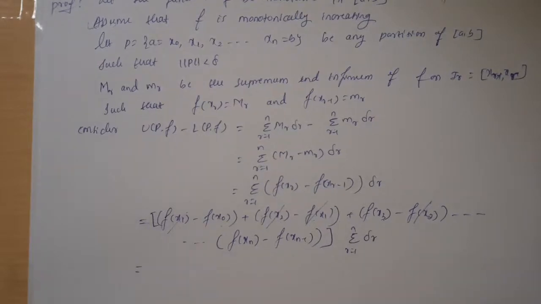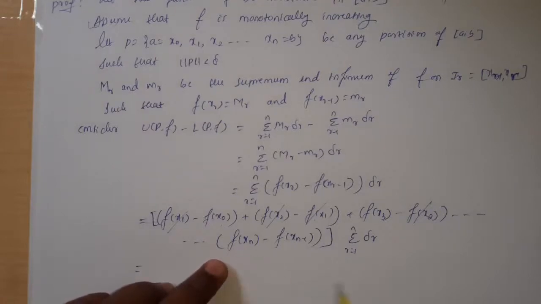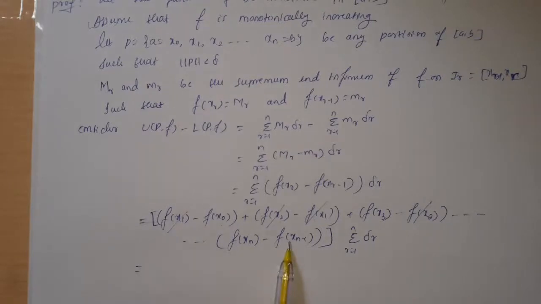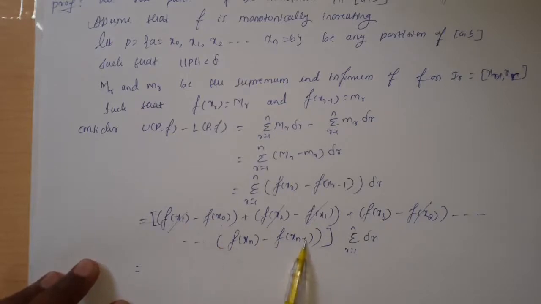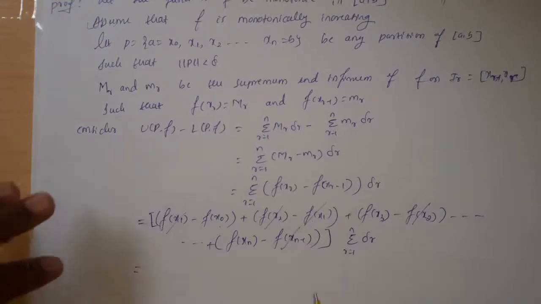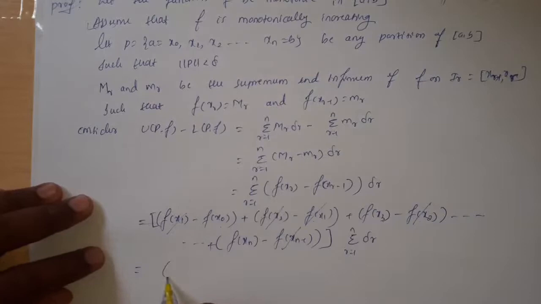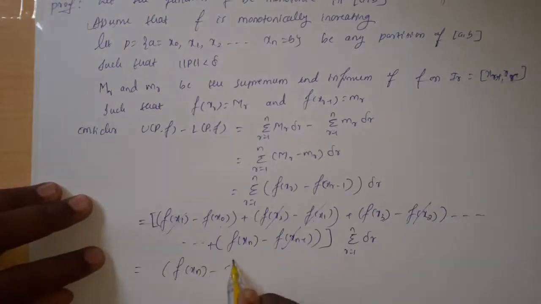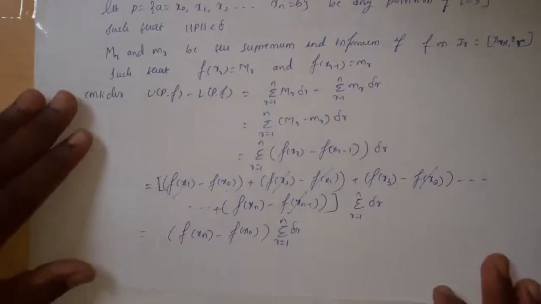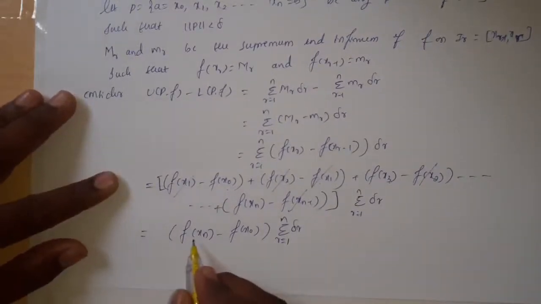If you consider r is equal to n plus 1, then this f of xn becomes minus f of xn in the next interval, and this f of xn minus 1 will be positive in the previous term of this expression. So, therefore, this will also get cancelled with the previous term, then all this will become f of xn minus f of x0 into summation over r is equal to 1 to n delta r, and f of xn.